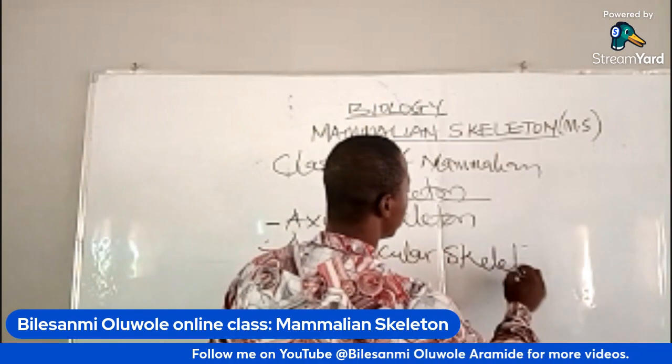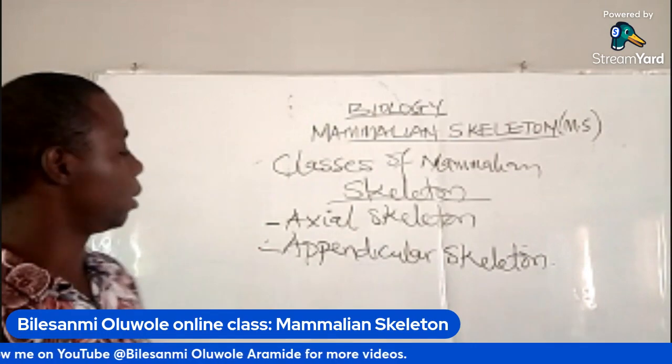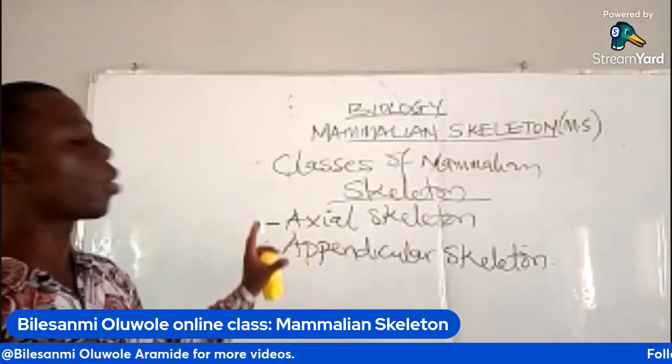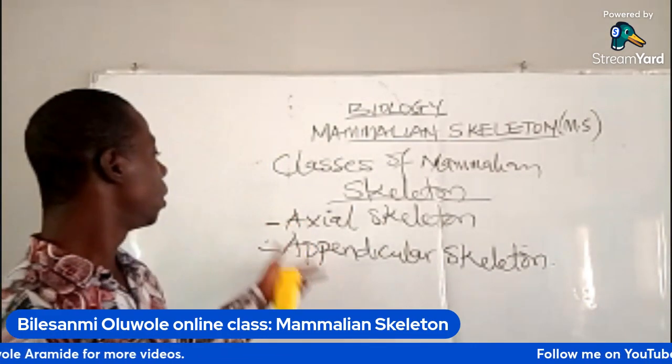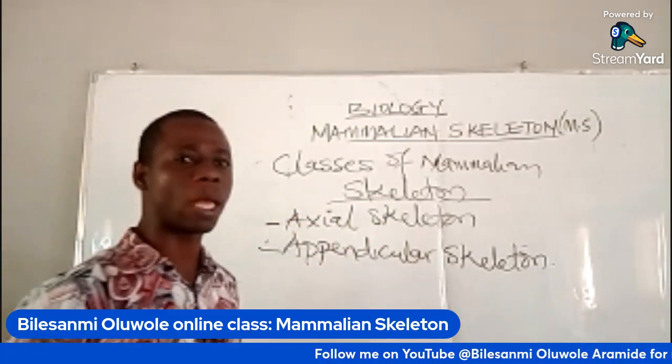Now let us look at these 2 classes of skeleton. They are comprised of different types of bones. Now, what is the axial skeleton comprised of?